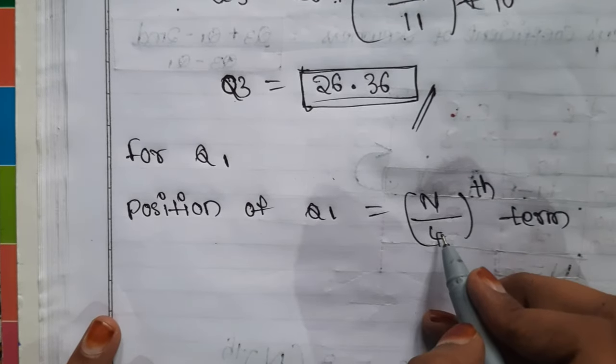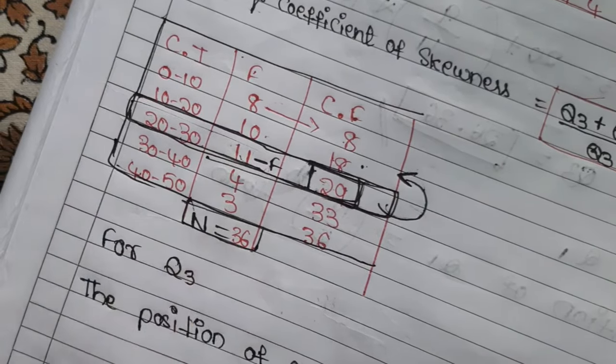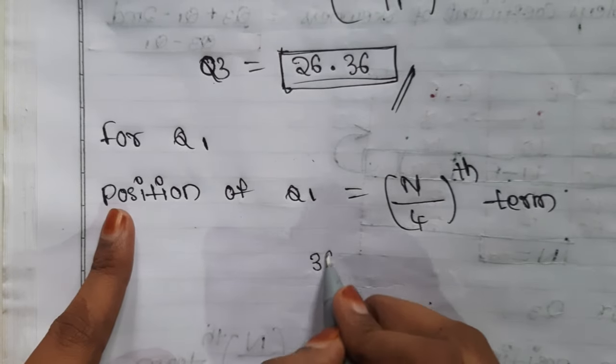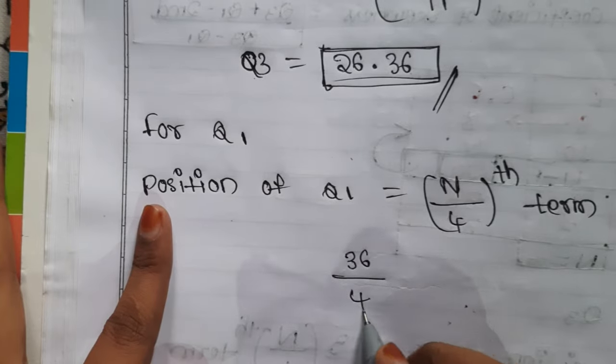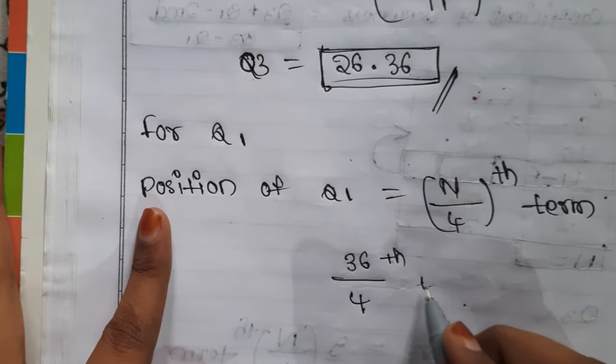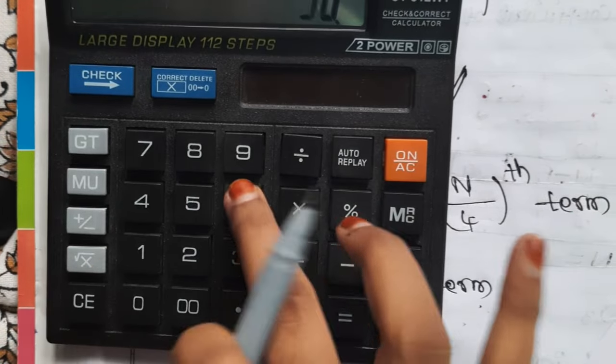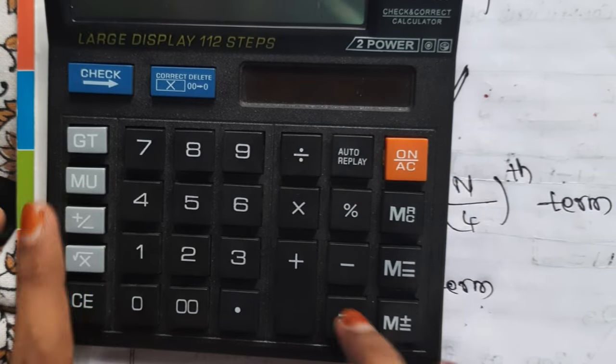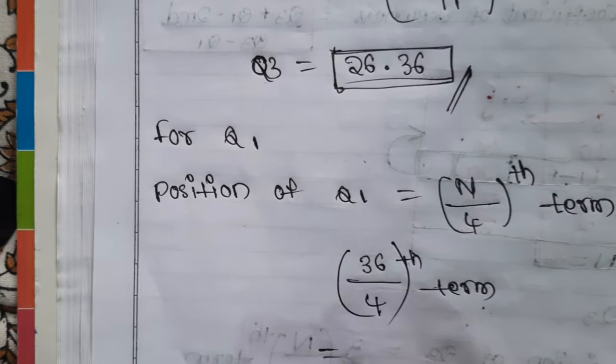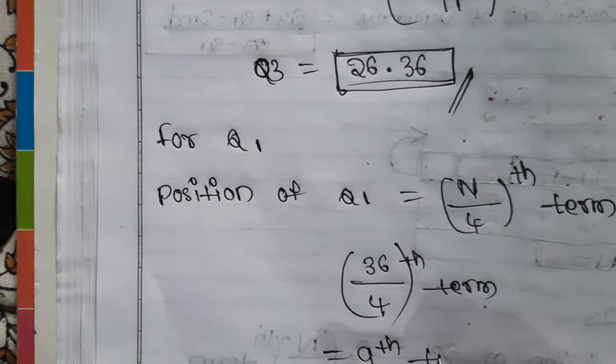So how much is n here? It is 36. So we are going to take 36 by 4th term. 36 divided by 4 is 9. So here we are getting the 9th term.